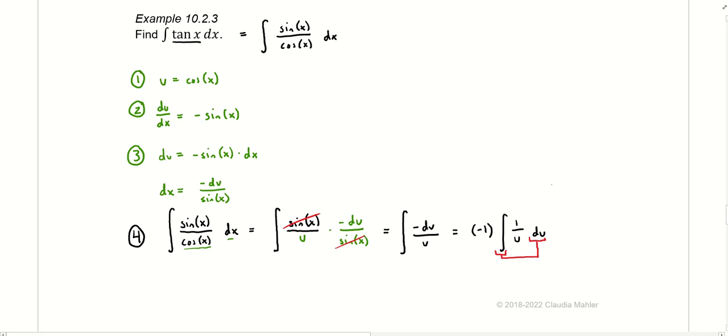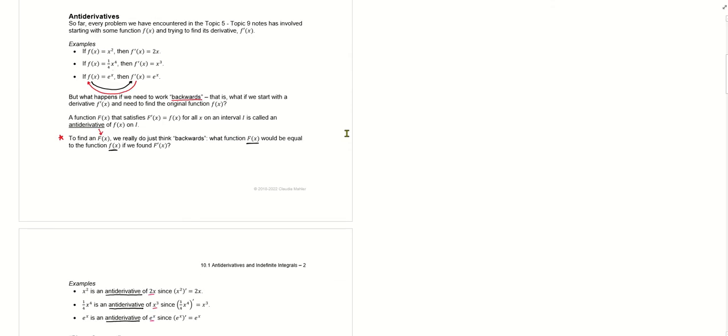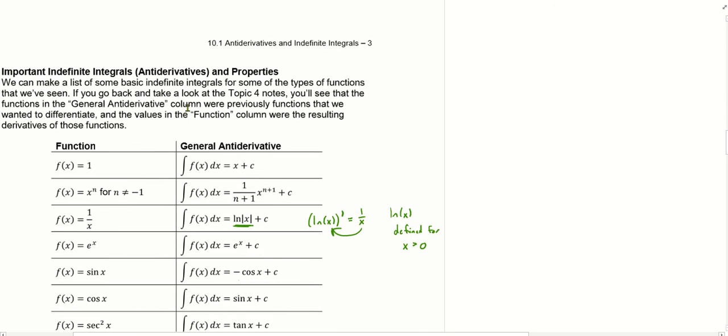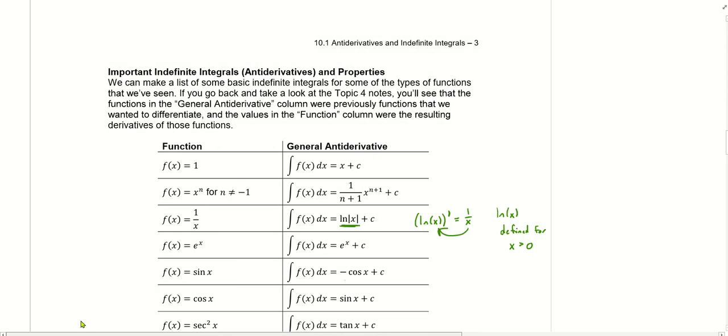Now 1 over u, we have an expression for that. That's one of those ones on our little cheat sheet that we talked about. From the 10.1 notes, if we take a look at page 3, if we are integrating 1 over x, the result is the natural log of the absolute value of x plus c.